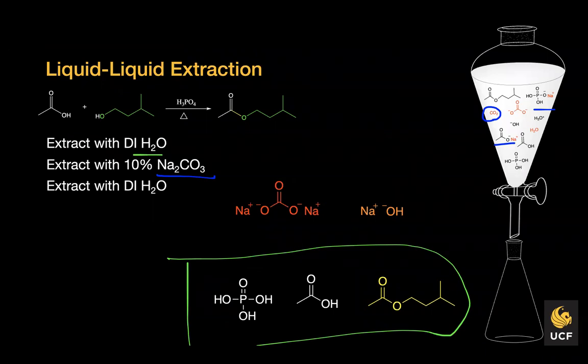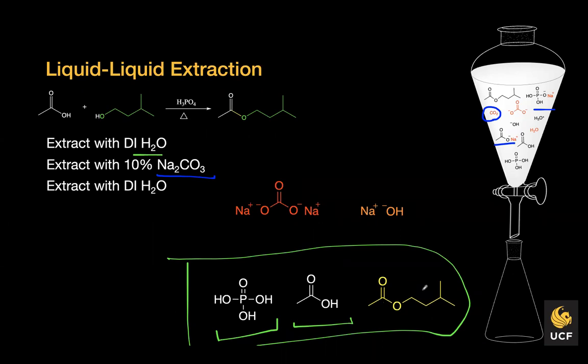And then we extract with water so that we can extract phosphoric acid and acetic acid into the aqueous solution. And then we keep the organic layer. Now the organic layer still has some acetic acid and some phosphoric acid. So we go in further and we extract it with sodium carbonate. And then we dispense the aqueous layer and we save that just in case. And we save the organic layer.